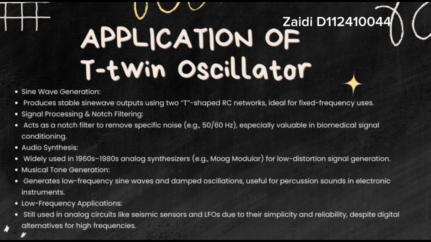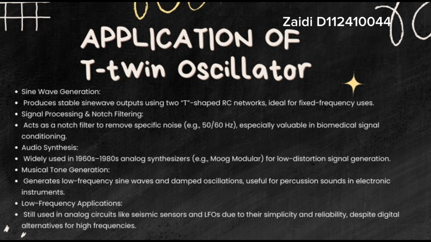The twin-T oscillator is a type of RC oscillator that produces a clean sine wave. It works using two T-shaped RC networks, hence the name twin-T. These networks are placed in the feedback loop of an inverting amplifier, allowing the circuit to oscillate at a fixed frequency.